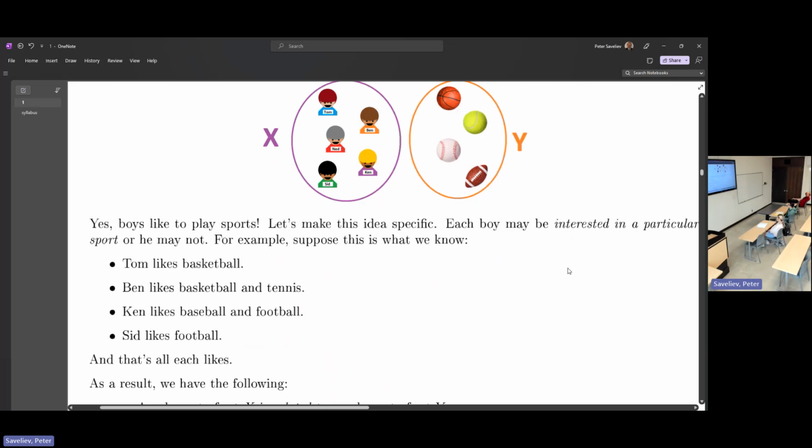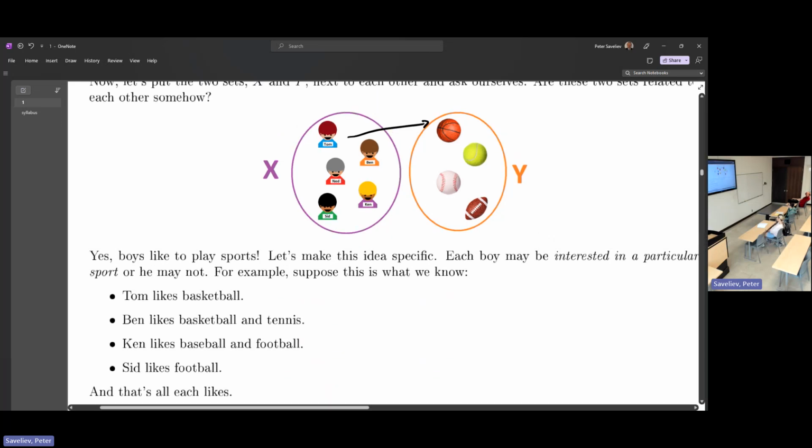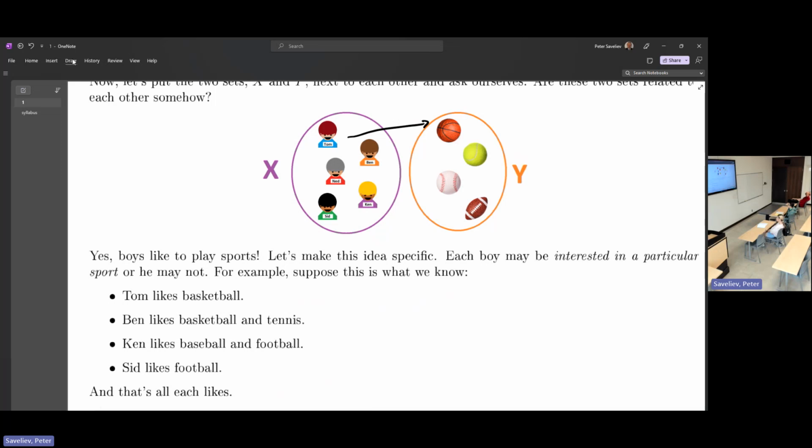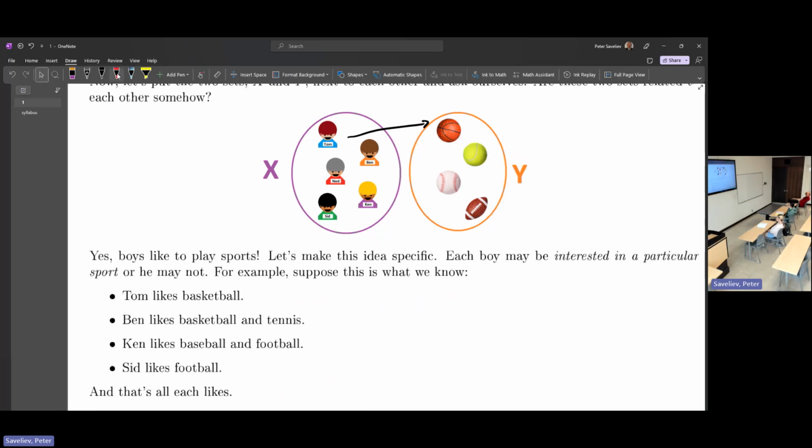That way, Tom likes basketball, which means that we might draw an arrow from Tom to the ball. On the other hand, instead of asking the boys, what if we examine the balls and ask ourselves which boys played with that ball?